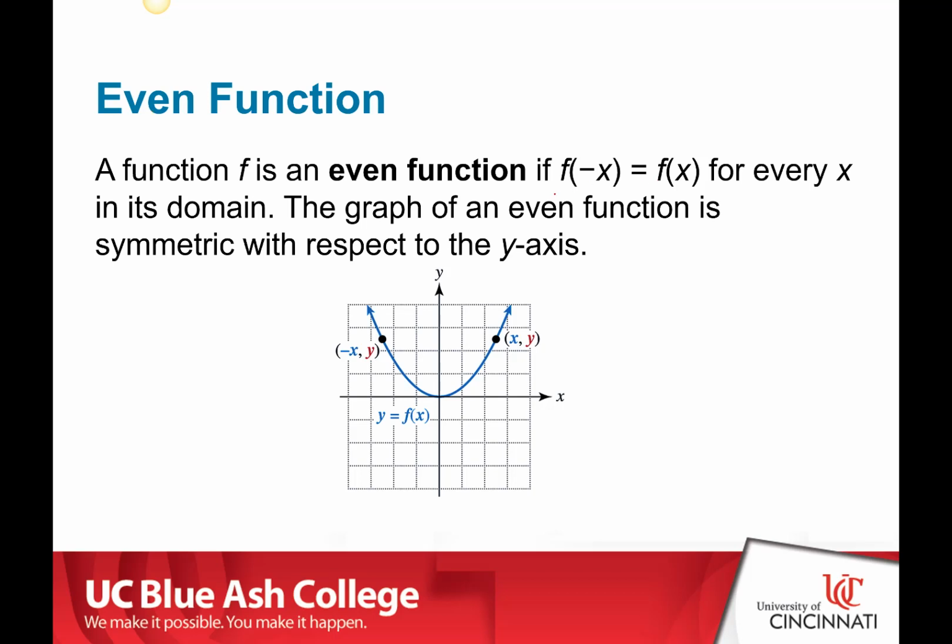if the function is even, here's something real important. An even function means that if you plug in the negative, you'll get out the same results as if you plugged in the positive. Man, how could that be? Well, imagine something like this.